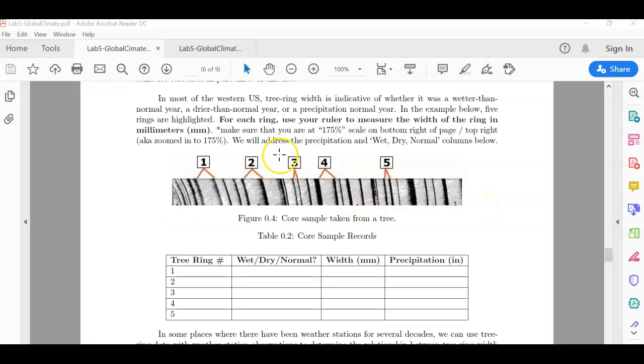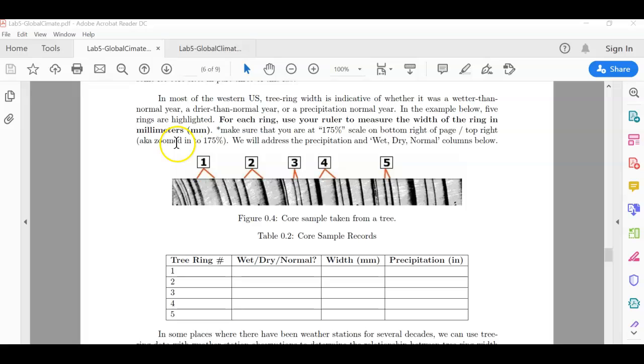For each ring that is highlighted, use your ruler to measure the width of the ring in millimeters. You need a ruler again here, and that ruler has to have millimeters, not just inches. Make sure that when you are doing this, you are at 175% scale on the bottom right or top right of the page.